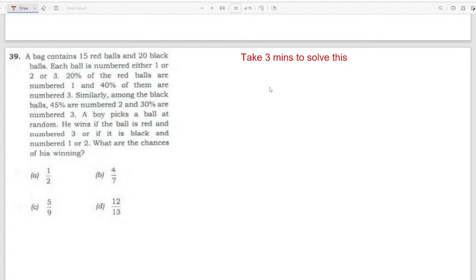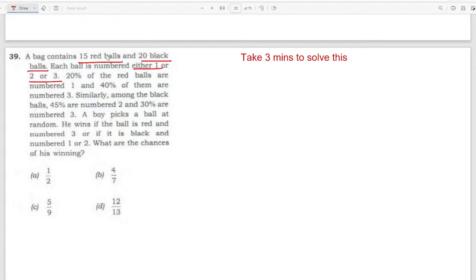We'll see how to go about this question. They're saying that a bag contains 15 red balls and 20 black balls. Each ball is numbered either 1 or 2 or 3.